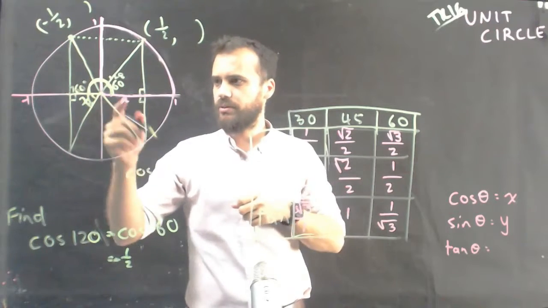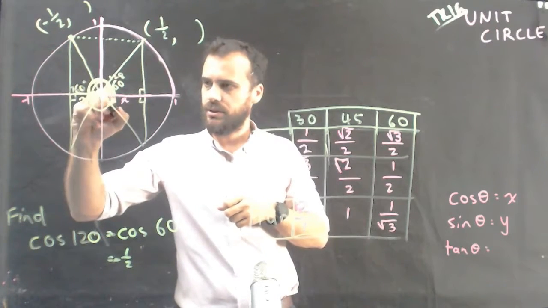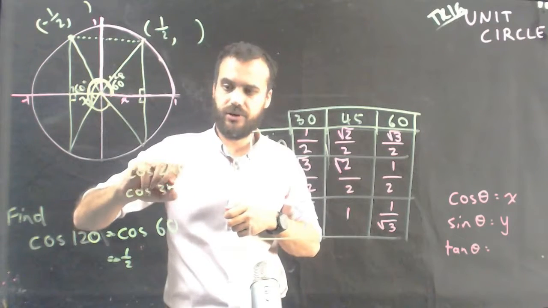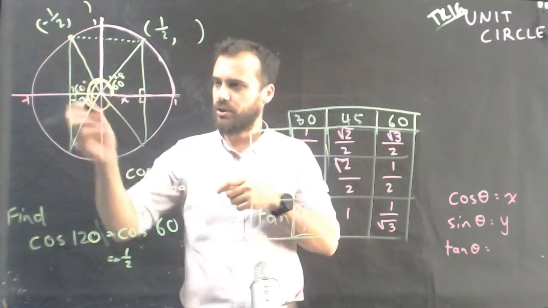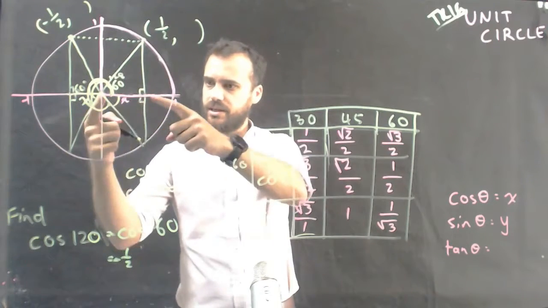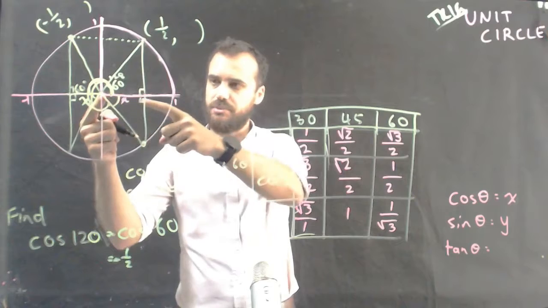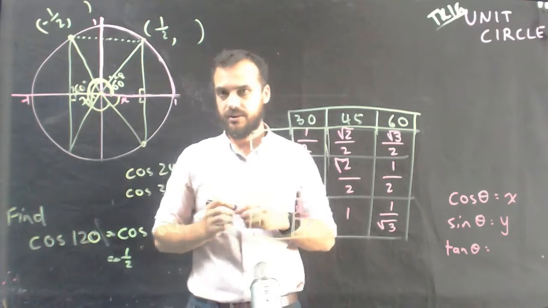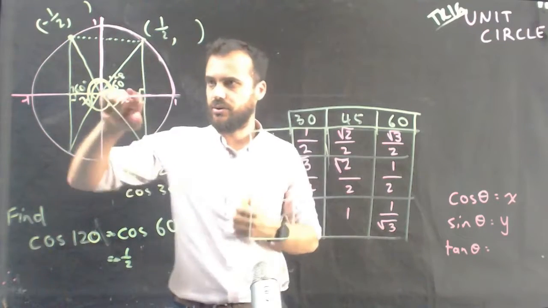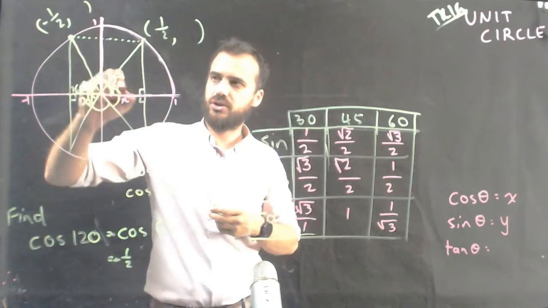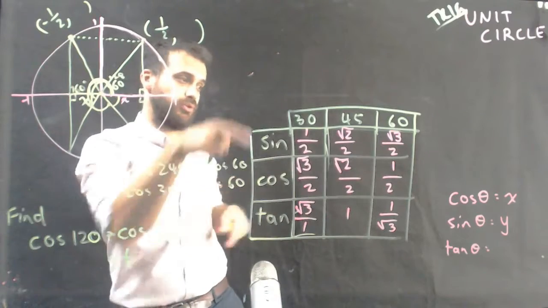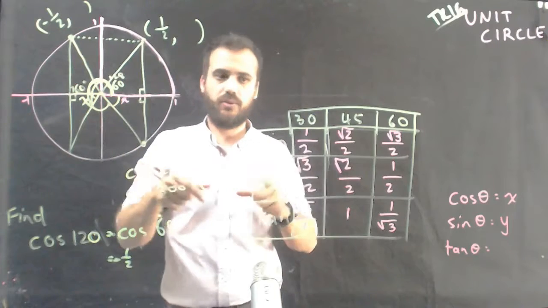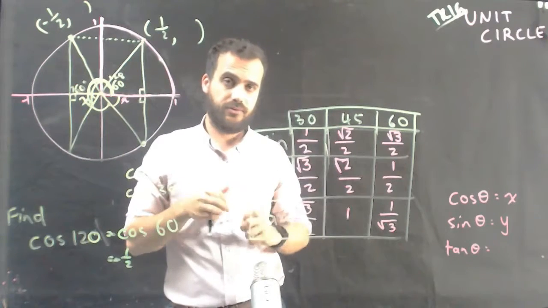And then if I come all the way around to here, I end up at cos 300. And if I want to find cos 300, then the x value of this dot is going to be positive. So it's going to be cos 60. So, we always refer back to quadrant 1 because we know all of quadrant 1 because of this table. And then we use symmetry to figure out whether it should be positive or negative.